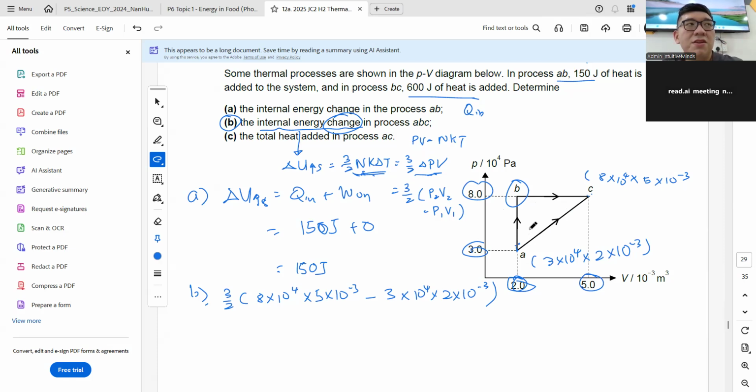So your final and your initial matter. In between what happens does not matter because it's about internal energy change. All right, so we didn't consider B. So what I'm trying to say is internal energy is about PV. If you know your final PV and initial PV, then that's all you need to know.